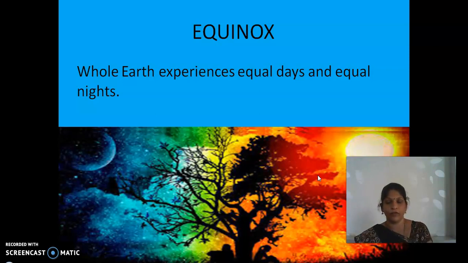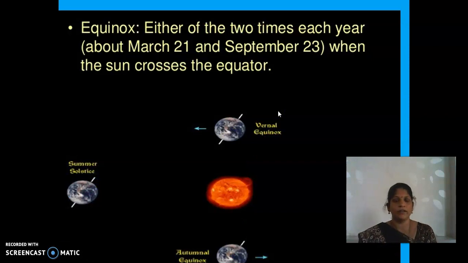Yes, before that, there are two types of equinox. One is the autumnal equinox and another one is the spring equinox, that is the vernal equinox. Equinox is either of the two times each year, okay, in a year, two times the earth experiences equal days and equal nights.